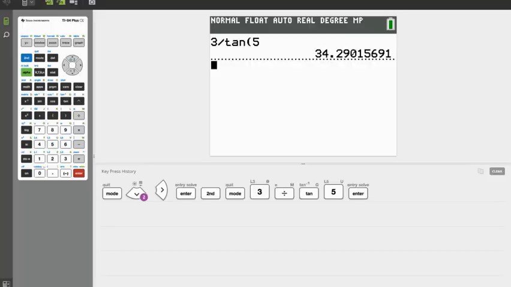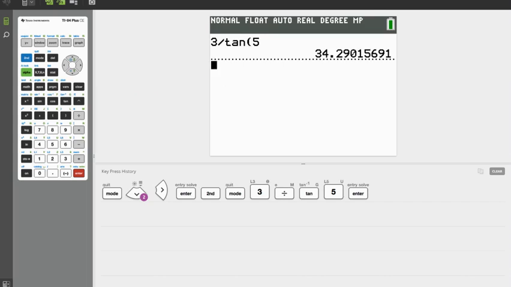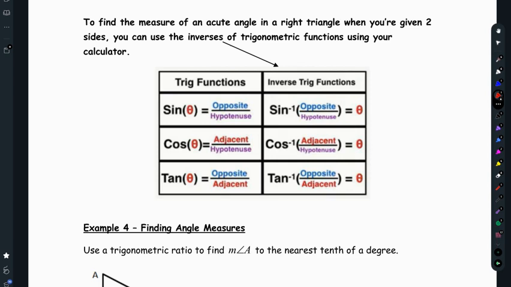If you look here, right above sine, cosine, and tangent, you'll see sine raised to the -1 power, cosine raised to the -1 power, and tangent raised to the -1 power. That represents the inverse trig functions. That's inverse sine, inverse cosine, and inverse tangent. So I'll show you what I mean in the example, but anytime you are finding an acute angle in a right triangle, you're going to use the inverse trig functions.